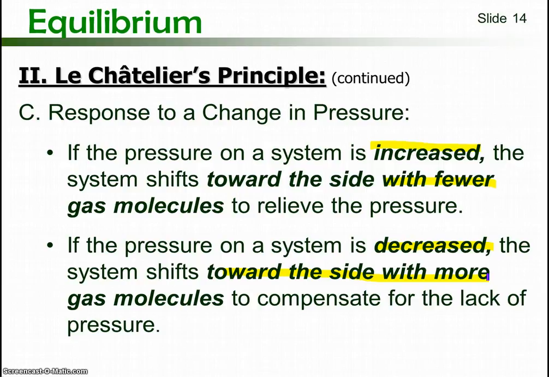This is different when we're talking about a chemical reaction. So we can't rely completely on those rules, but we can say that without a doubt, the fewer molecules there are in a container, the less the pressure will be.